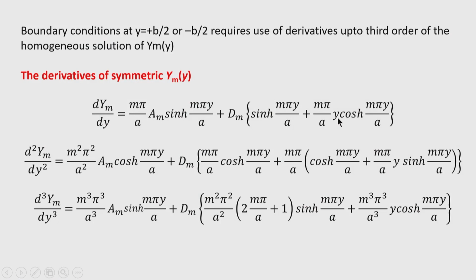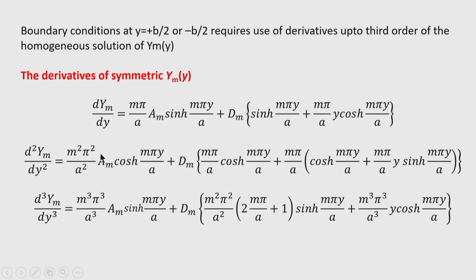The first term is differentiated with respect to y, so it is 1, then cos hyperbolic m pi y by a. Secondly, cos hyperbolic m pi y by a is differentiated with respect to y, therefore m pi by a comes out here, and y remains as it is, and cos hyperbolic is transformed to sin hyperbolic m pi y by a.